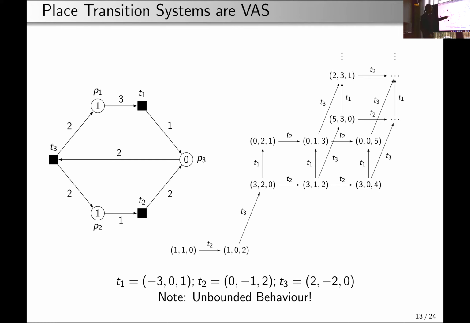Okay, so I cannot have an arc going in and also coming back, because I could not define this number. Okay. And now basically the dynamics is I can add these vectors as long as I don't get a negative coordinate on my states. Okay. And then I can just go on adding vectors.